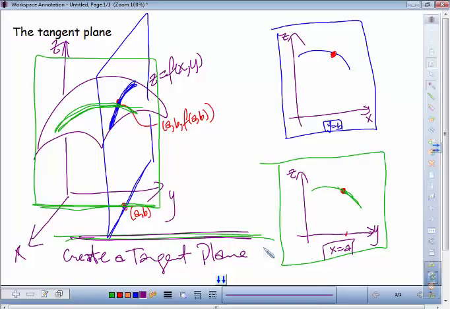Whatever curve it may be, if you zoom in close enough, it'll just look like a flat plane. Kind of like with a curve, if you zoom in close enough, it's going to look like a line, and that line is actually the tangent line at that point. Or better yet, think about the Earth being a sphere.